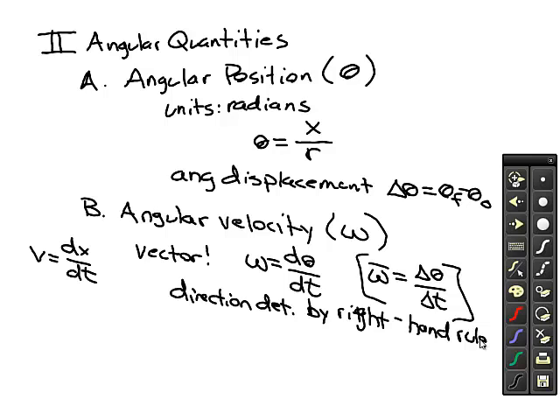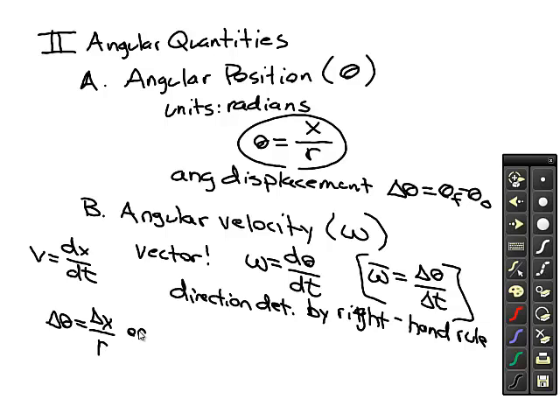We have to be able to go from linear velocity to rotational velocity in a snap. And we can do that because we've got this little puppy up here. If theta is x over r, our definition of radian measure, then delta theta equals delta x over r.